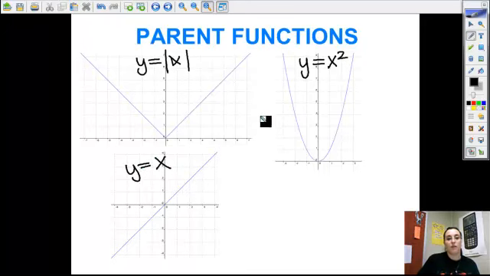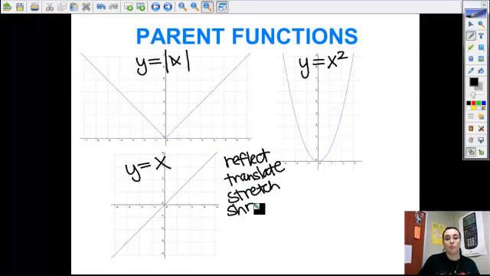We've seen all of these, and we know that a family of functions is formed by taking these parent functions and doing different transformations to them, such as reflecting or translating. Or you might stretch, or you might shrink. And these are all that we've learned about so far.